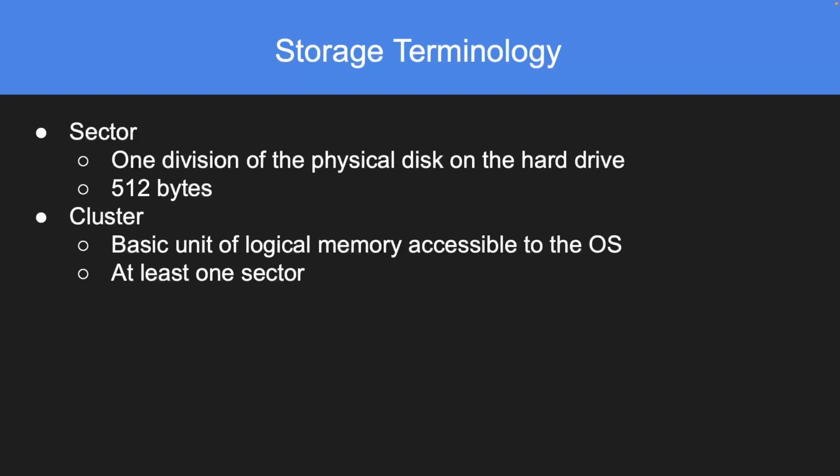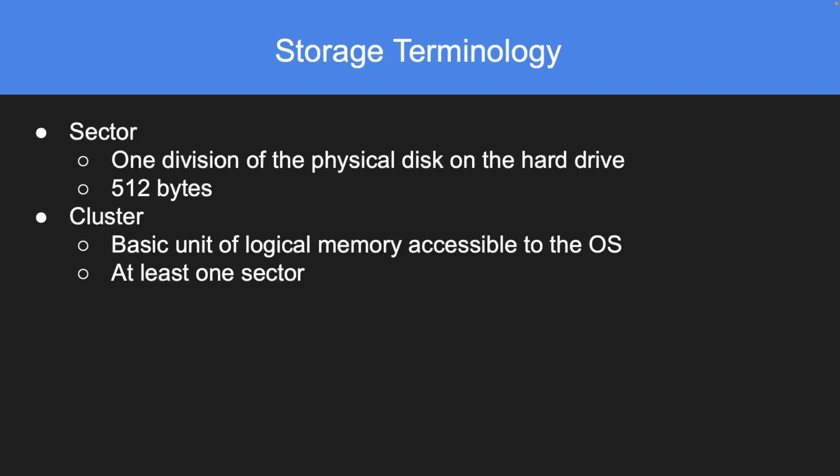Sectors are divided into 512 bytes each, most likely. Just check the spec of your computer and the actual drive that you're looking at, just to make sure that it's 512, but it's most likely 512.